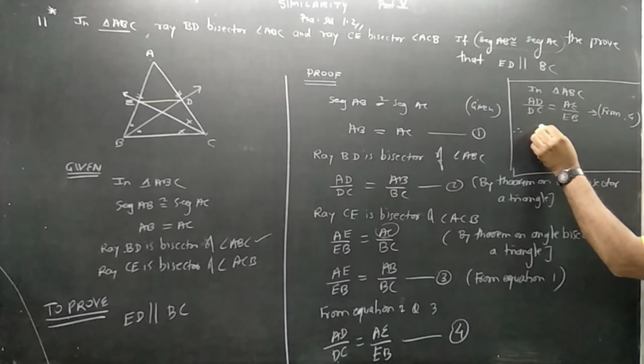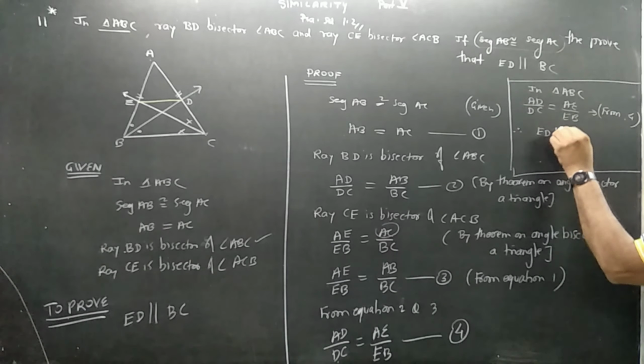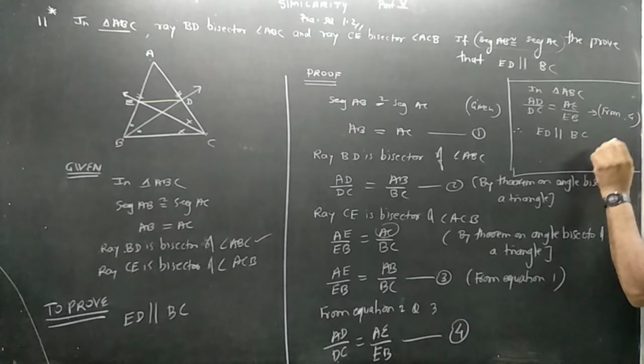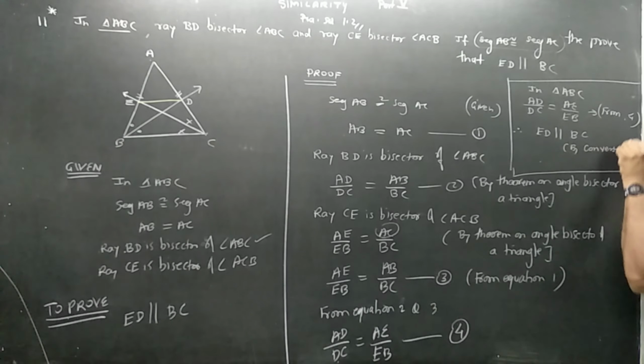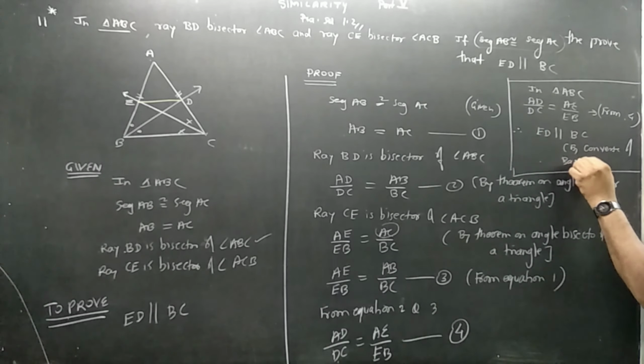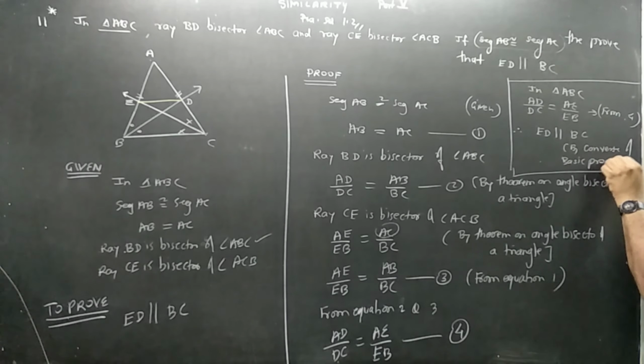Therefore, ED is parallel to BC by converse of basic proportionality theorem. And this is the end of the question. I think it's a very easy question.